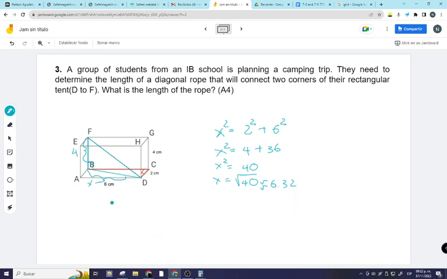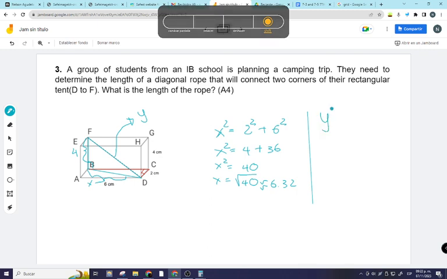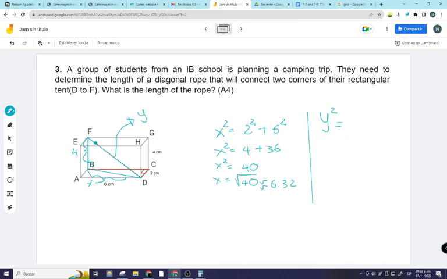Now we can find this hypotenuse. Let's call it y. So y squared, from the Pythagorean theorem, since this is the hypotenuse, should be this leg squared, which is 4 squared, plus this leg squared.